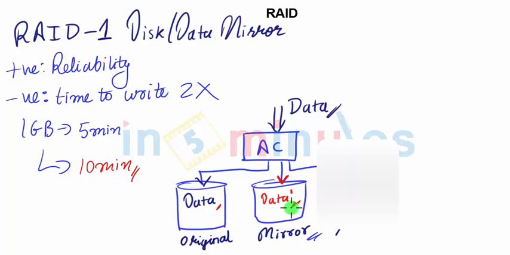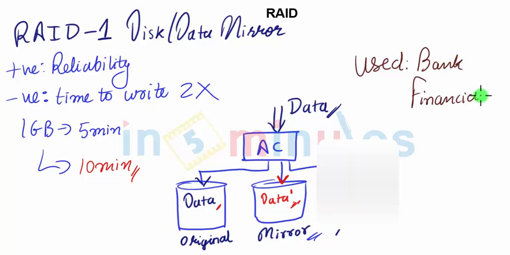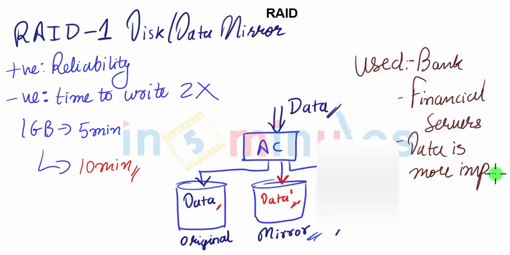This is very commonly used at many places, especially where data matters. This is used mostly in banks, financial transactions or financial services, or anywhere where data is more important. So basically that is RAID 1.